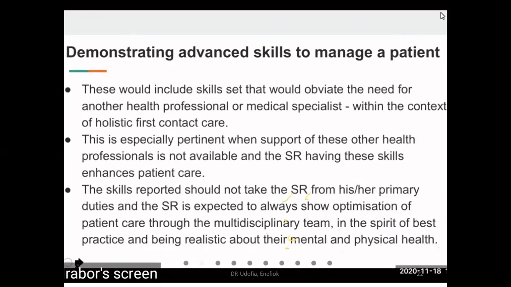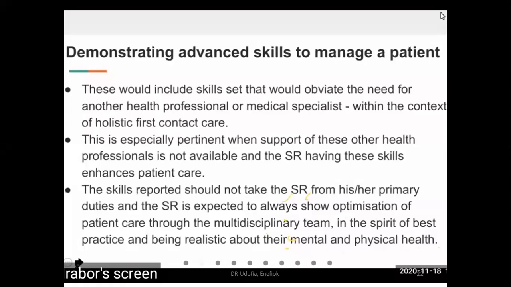I'm stressing that again because at times you may be the only specialist available there. For example, you need to do a CS for prolapse of cord. It's a special surgery, and you are there as a specialist. You should be able to manage that.